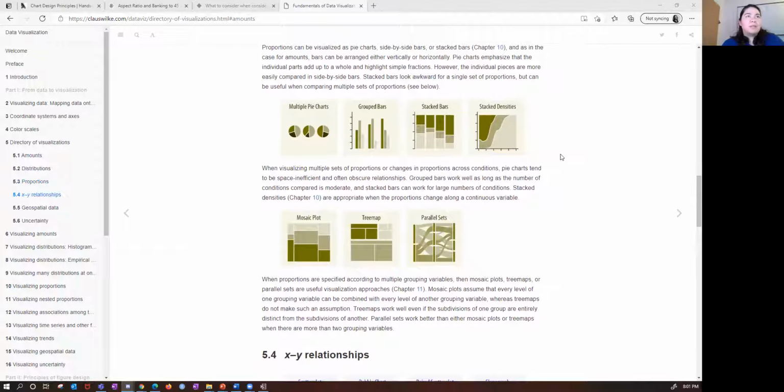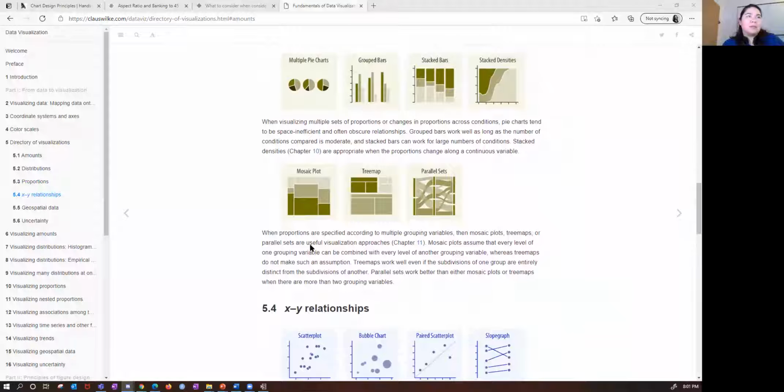There's some cool ways that we can handle those, and we get into these more modern things like the tree maps, mosaic plots, and the parallel sets. So all those are like newer and trendy. Not everyone knows how to read them that well. But they can be very, very cool for dealing with a lot of data, a lot better than things like pie charts can.